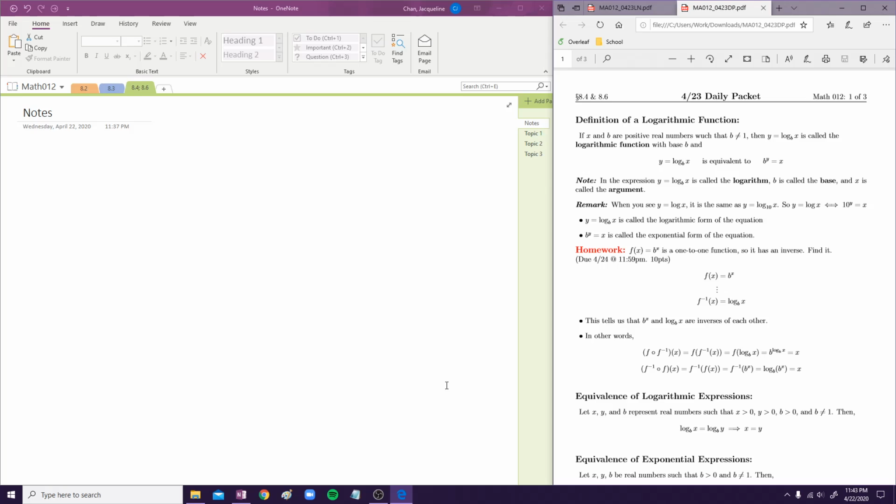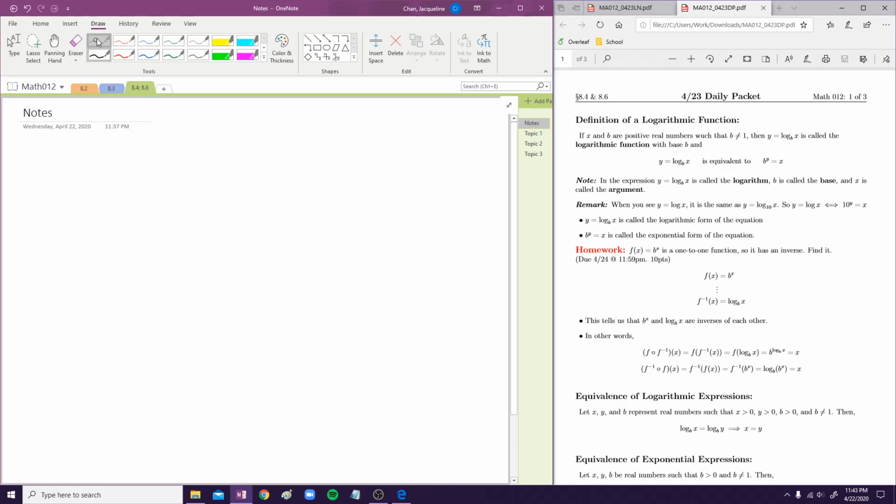Just a remark. f of x equals b to the x is a one-to-one function. We talked about that yesterday. Since it's a one-to-one function, it has an inverse. So let's find it. We have f of x equals b to the x. How do we find an inverse function?